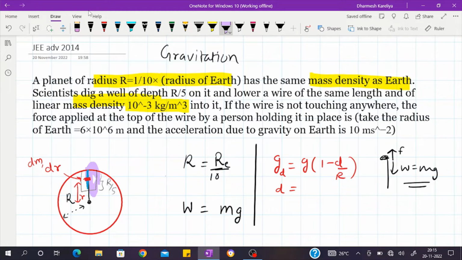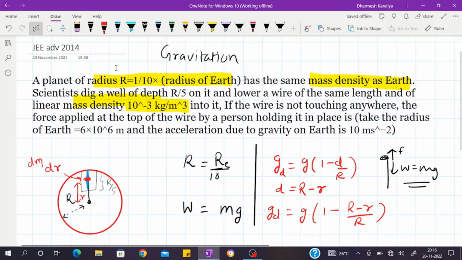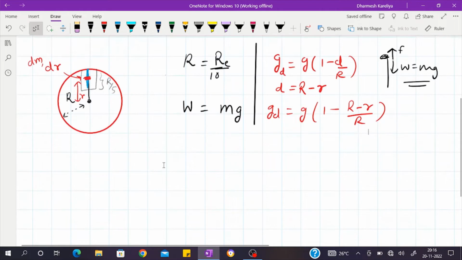So the depth d at any point will be capital R minus small r, and if I put that value here, my g-d formula will modify to g bracket 1 minus capital R minus small r by capital R. Remember that small r is the distance from the center of the planet, and capital R is the radius of that planet. Let's work this out, let us simplify this.